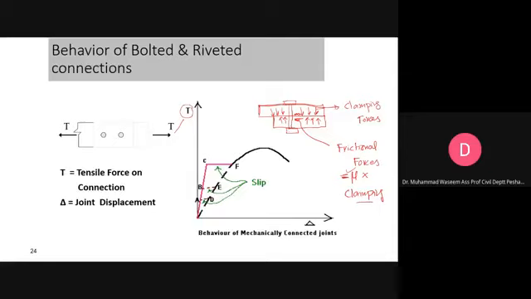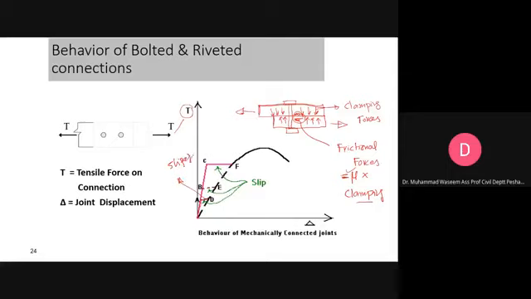What happens when the load is applied? This load is first resisted by these frictional forces. They resist the load first. Once the load overcomes the frictional forces, there is a slippage.